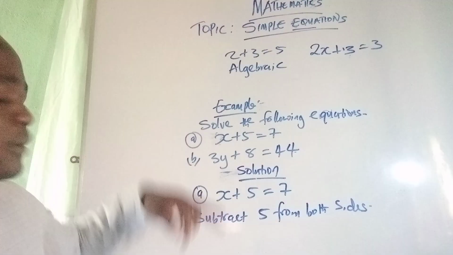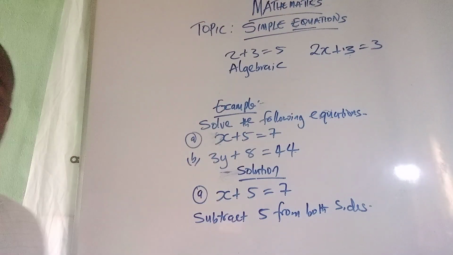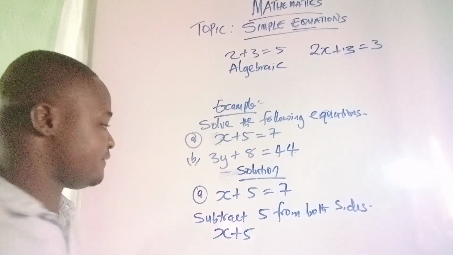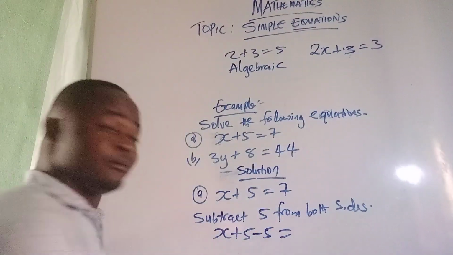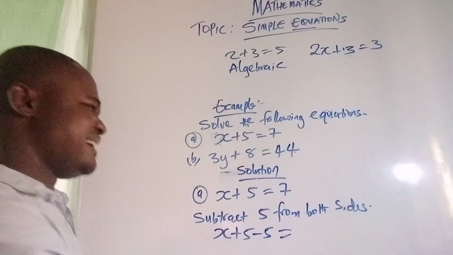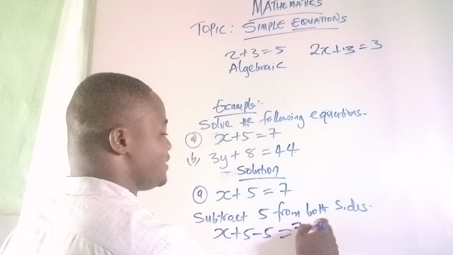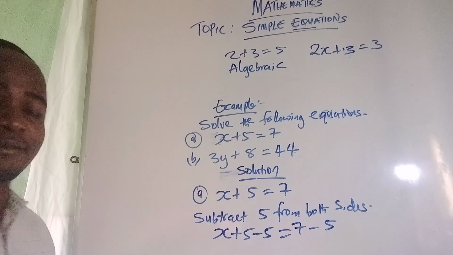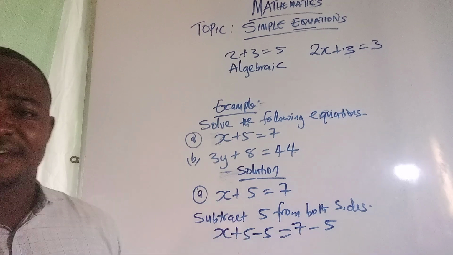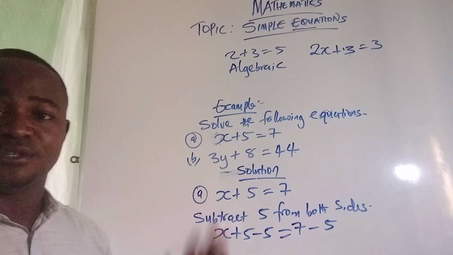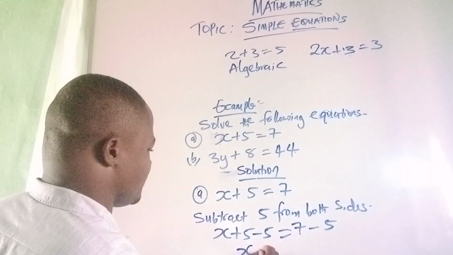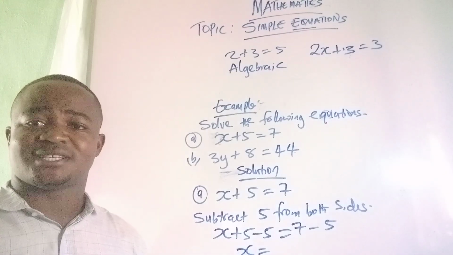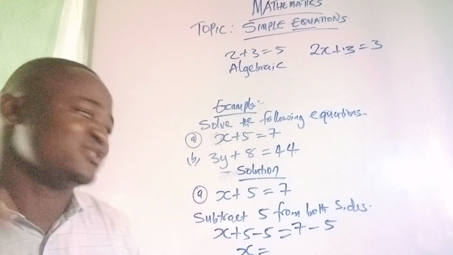So since I am subtracting 5 from both sides, on the left hand side I have x plus 5, then I remove my 5. Maintain your equality sign. The right hand side has only 7, then you subtract your 5. At the end, what are you going to have? 5 minus 5 is 0, leaving only x, equals 7 minus 5. 7 minus 5 is 2.